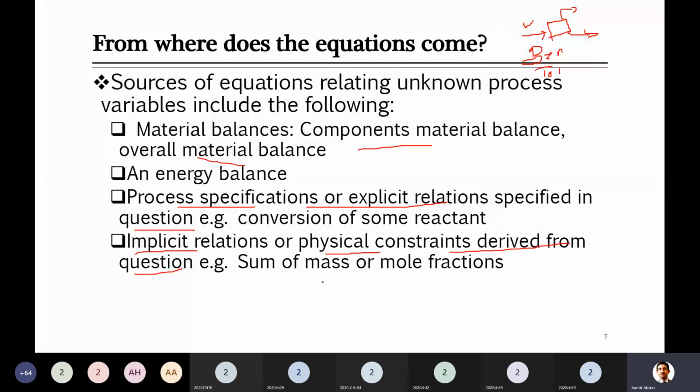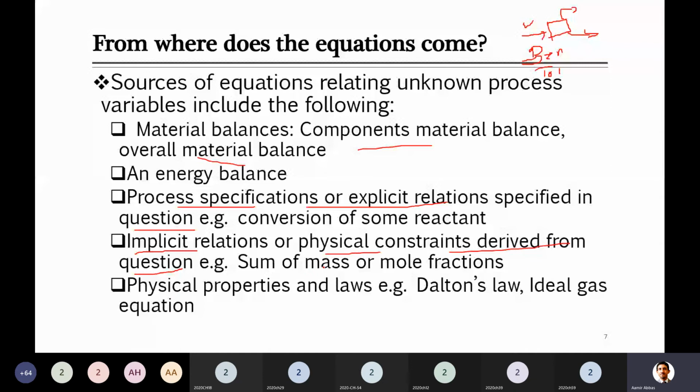For example, the sum of mass fractions or the sum of mole fractions is equal to 1. So you can write one equation based on this: if it's a liquid system, the sum of mass fractions is equal to 1. If it is a gaseous system, the sum of mole fractions will be equal to 1. This can be one of the equations you write later when you solve these problems.